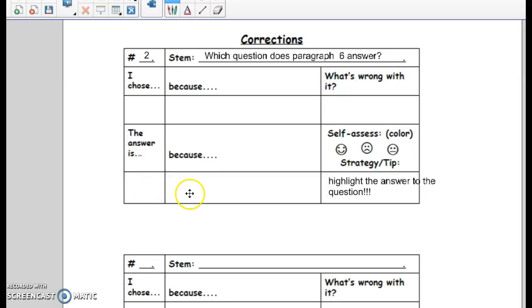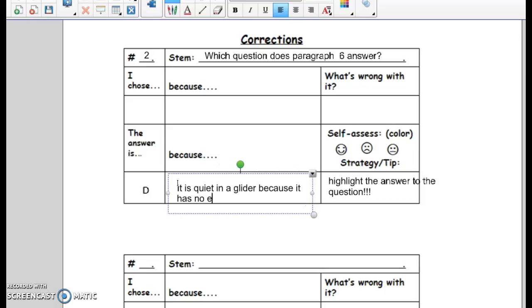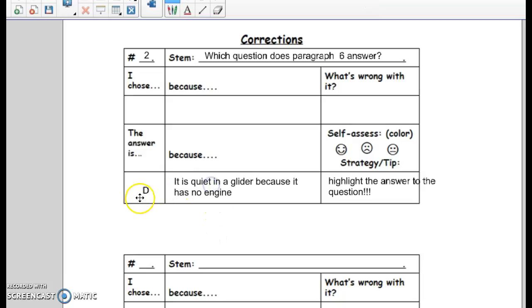Correct answer is D, because it is quiet in a glider because it has no engine. Okay. So all of that information should be filled in on your corrections sheet.